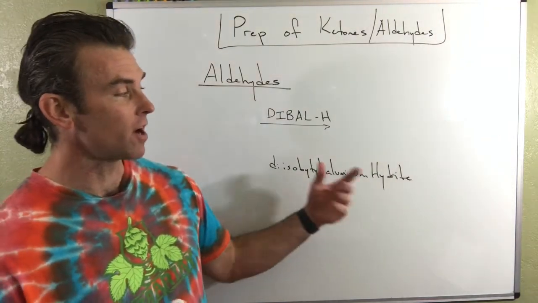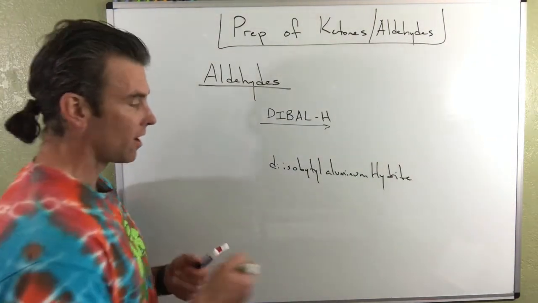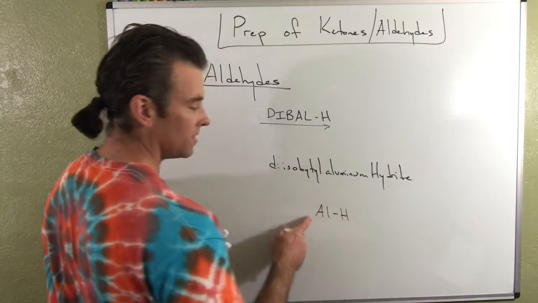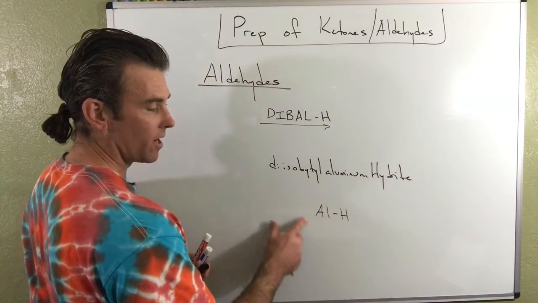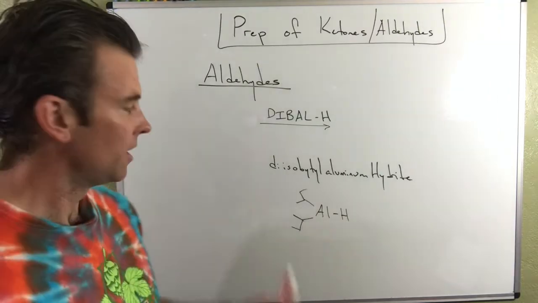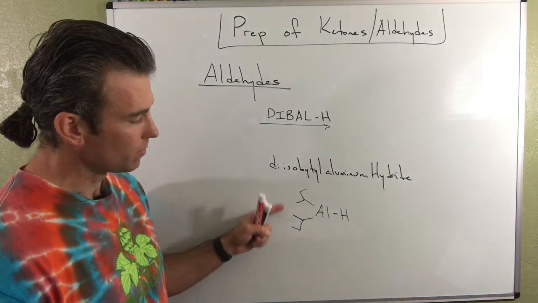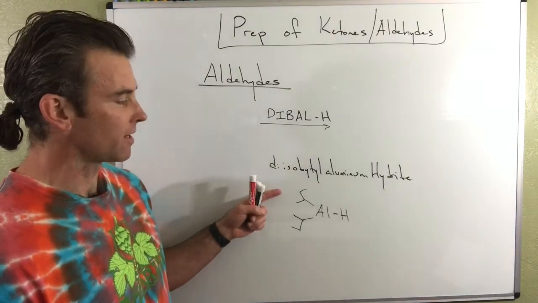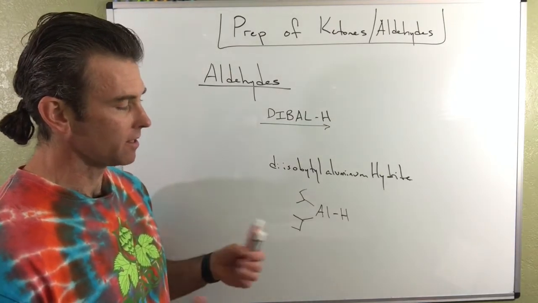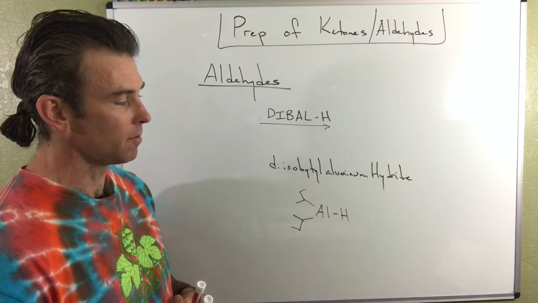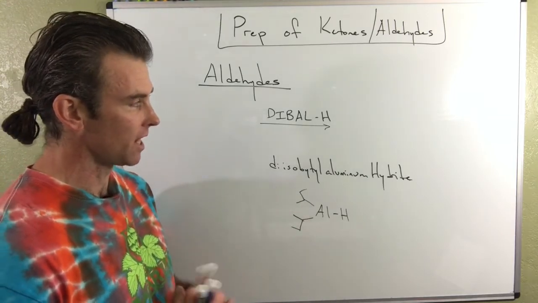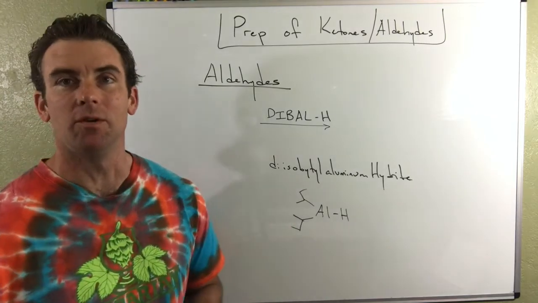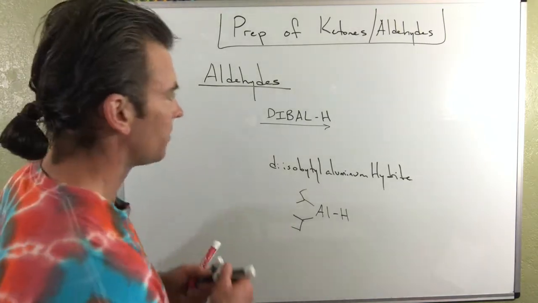Diisobutylaluminum hydride is really the same thing as an aluminum hydride species, where instead of putting 3 other hydrogens on there, we're going to put diisobutyl groups on here, and as you'd probably expect, these things are going to occupy some steric space, and it's going to make it a little bit harder for this reagent to add a whole bunch of H's and reduce things, just due to sterics.